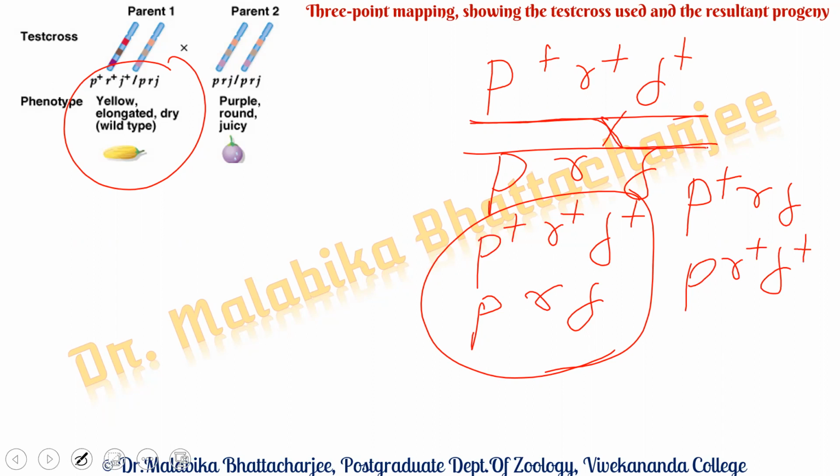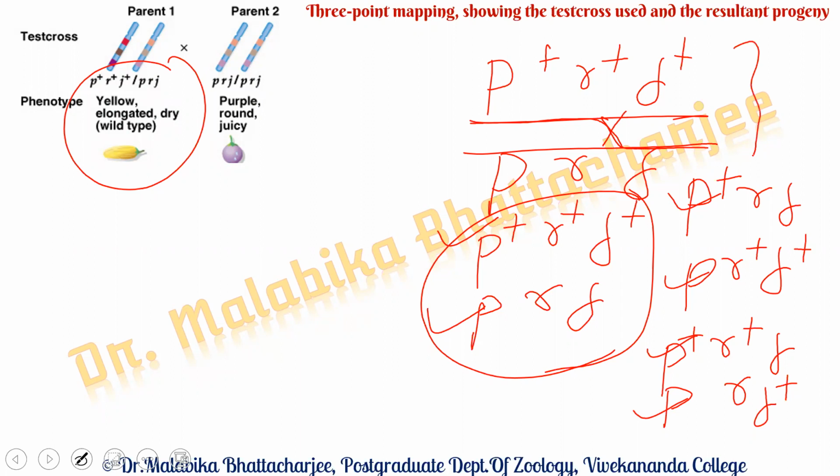We will get a combination of P plus, R plus, J, and P, R, J plus. So we'll be getting 1 gamete, 2, 3, 4, 5, 6. There are 6 possible kinds of gametes from this particular picture.